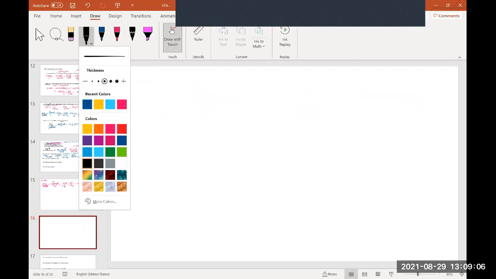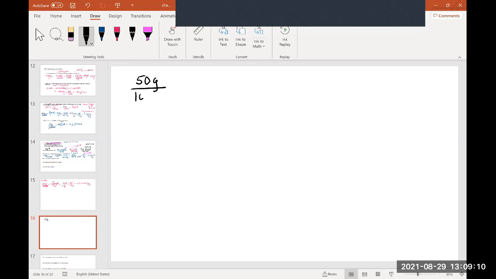What about for glucose? Again, 50 grams over 100 milliliters. There are 1,000 milliliters for every liter. For every mole, there are 180 grams.